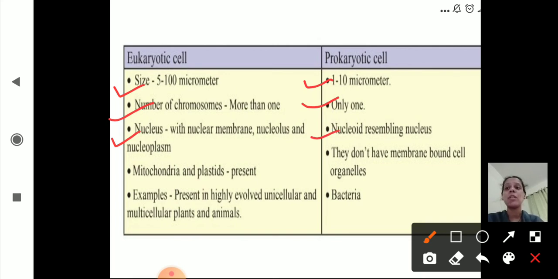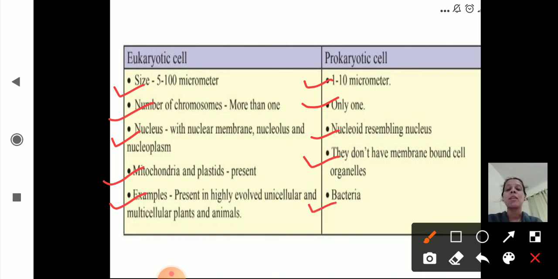The next point is that mitochondria and plastids are present in eukaryotic cells, which have membrane bound cell organelles. Prokaryotic cells do not have membrane bound cell organelles. Eukaryotic cells are present in highly evolved unicellular and multicellular plants and animals, and prokaryotic cells are present in bacteria.